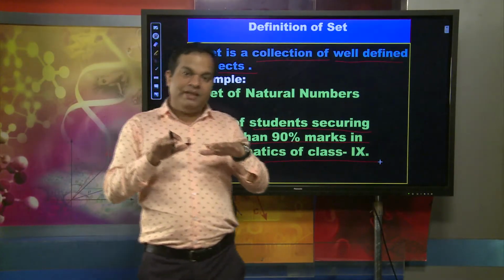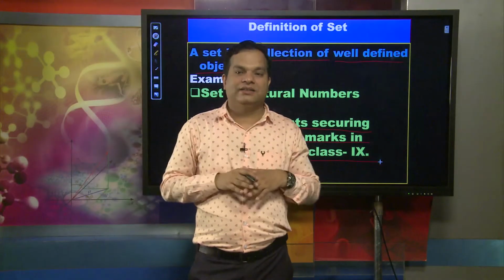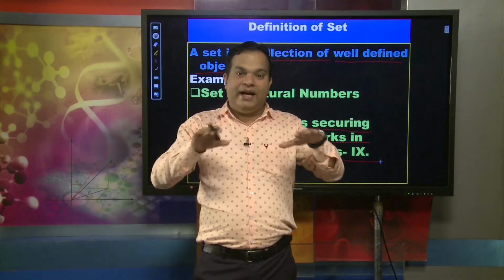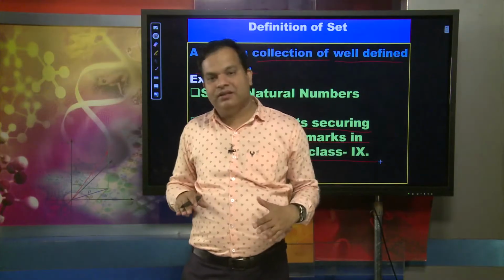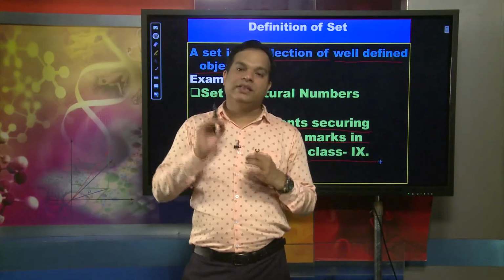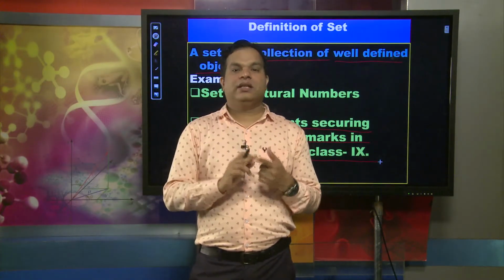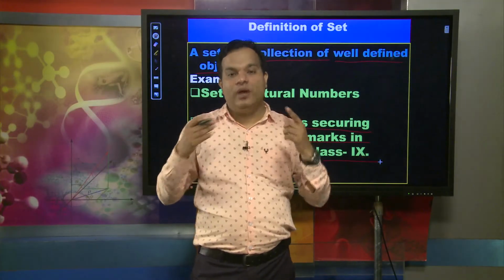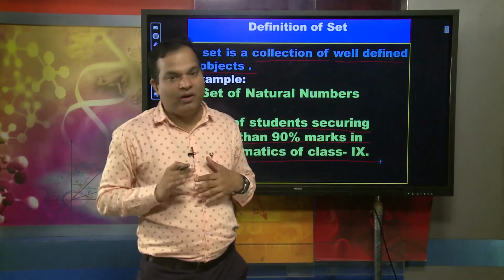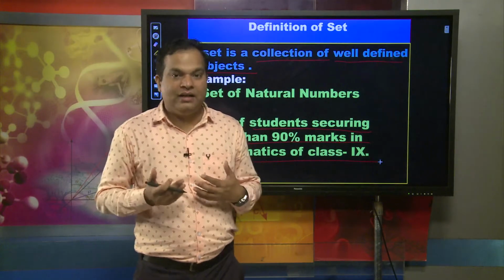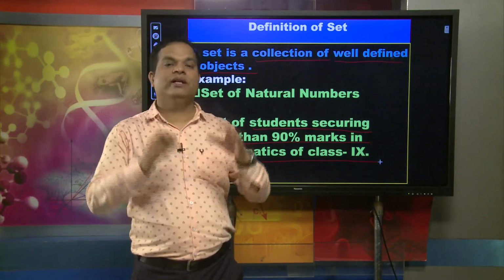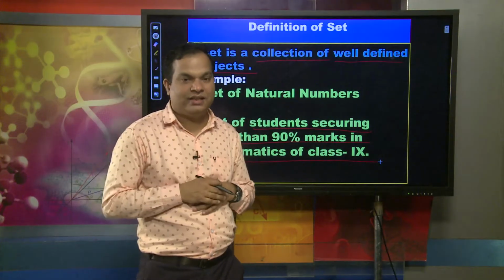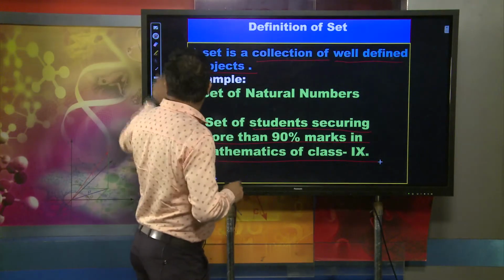So the statement is well defined, and we have put a parameter, more than 90%. So one thing is the collection, the second part is well defined. If these two things are involved in our statement, we can say the set is possible. Otherwise, we cannot form a set. That is the very important thing.